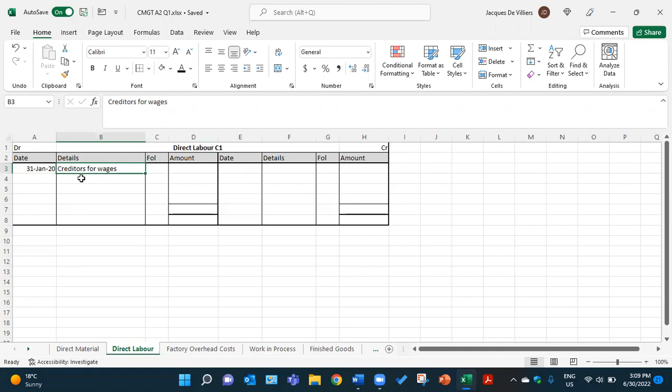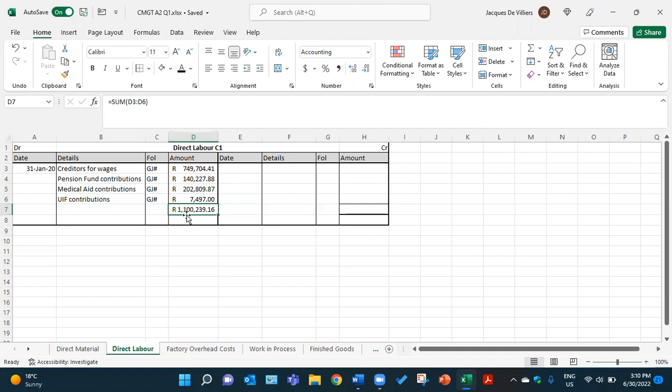If you just said wages, it would not be the end of the world. My pension fund contributions, my medical aid contributions, and my UIF contributions. All of these I would have recorded in some general journal, and the amounts are given. And so I simply record the amounts as it was given, and I add them up.